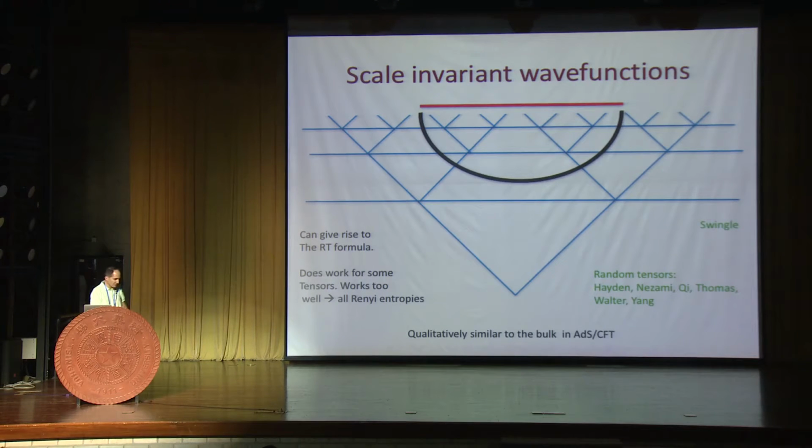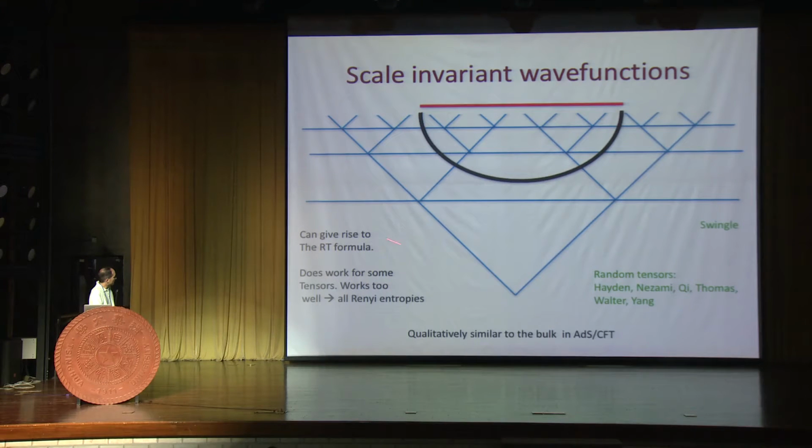With these wave functions, we can compute the entanglement entropy of some region. So if you have some set of spins and you want to compute the entanglement entropy, the maximal entanglement entropy you can get is given by looking at the minimal number of indices that you can cut here.